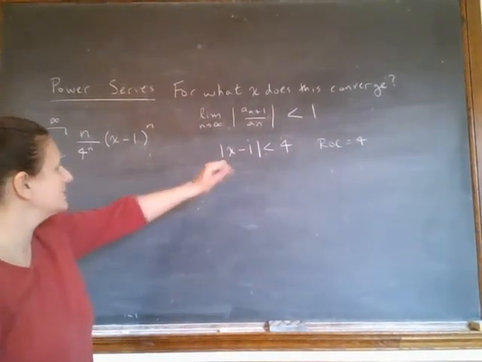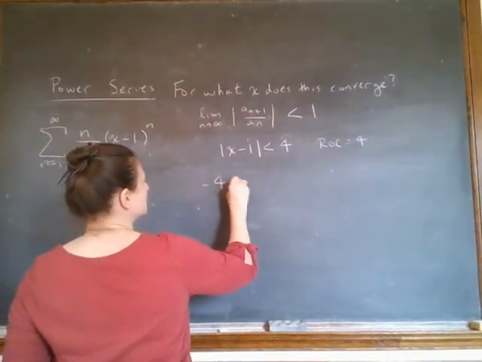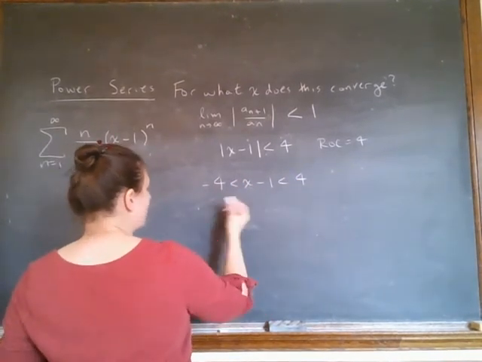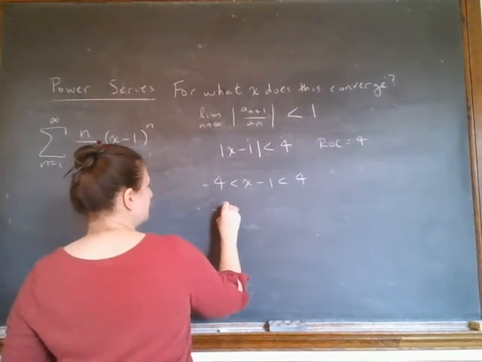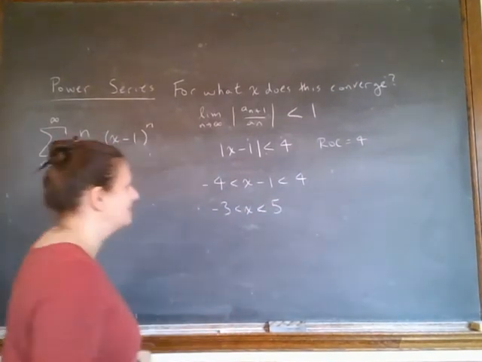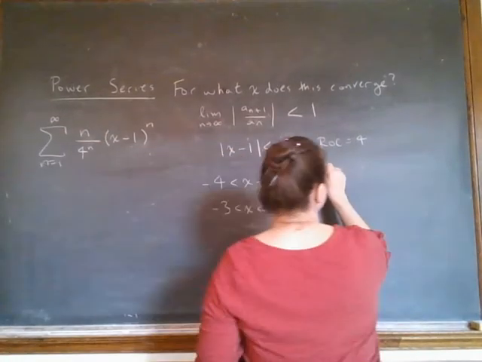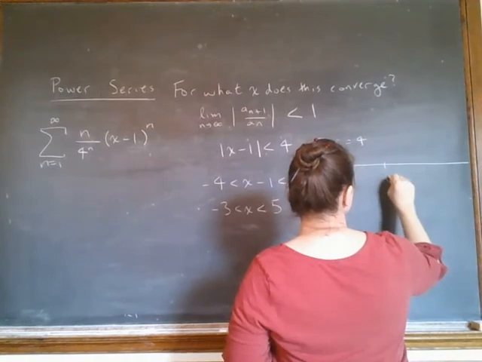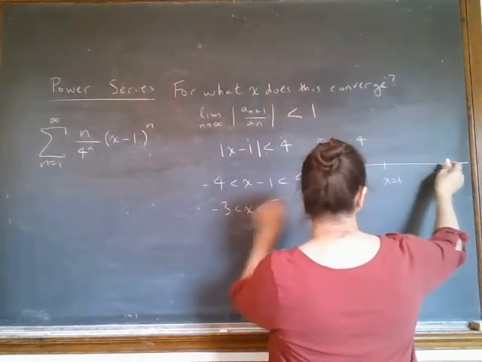So I'm going to work this out. Minus 4 is less than x minus 1 is less than 4. Add 1 to everything. Going from minus 3 to 5. So here is my center at x equals 1.